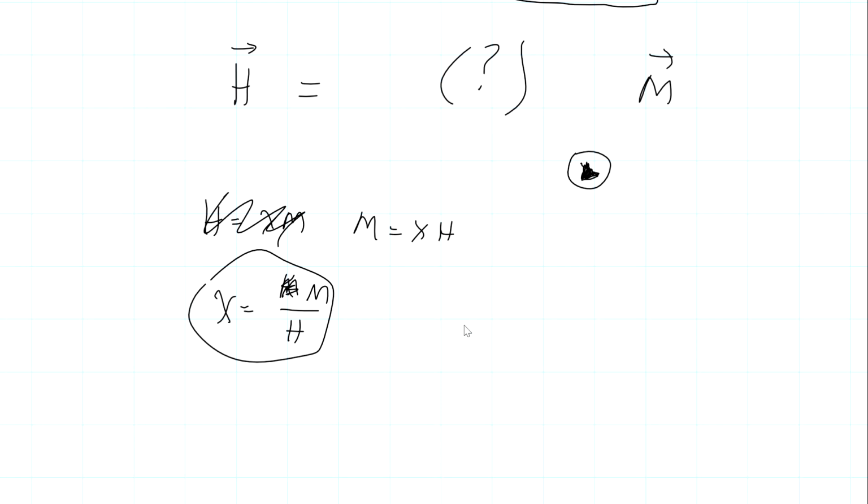Now, we can write the same in the vector form, and in this case, the m vector is equal to the h vector, but in this case, we use a matrix of chi. It's not that the x component of m is proportional to the x component of h, because when we apply h in the x component, our magnetization might move in the y direction.